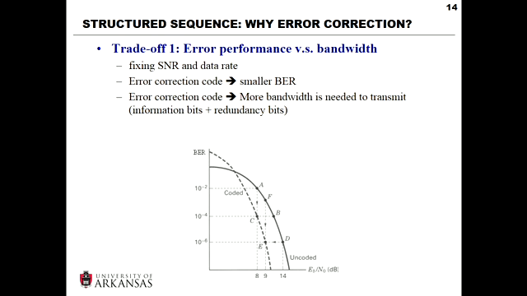So the data rate of the information remains unchanged, but the actual data rate in the channel is doubled because of the channel code, right? So here, be careful, we have two different types of data rate. One is the rate of the pure information, and one is the rate of the actual data that is transmitted in the channel, okay? So by fixing the data rate, we mean we fix the rate of the pure information.